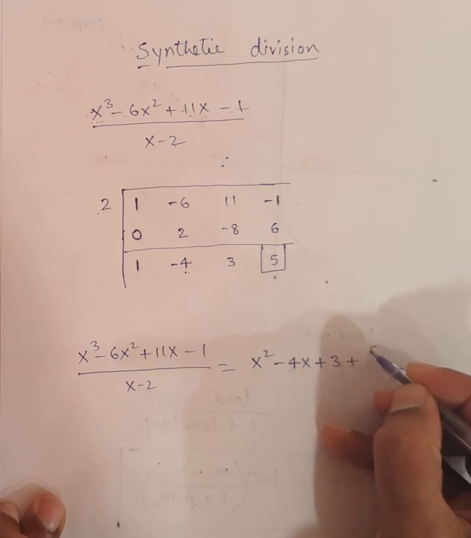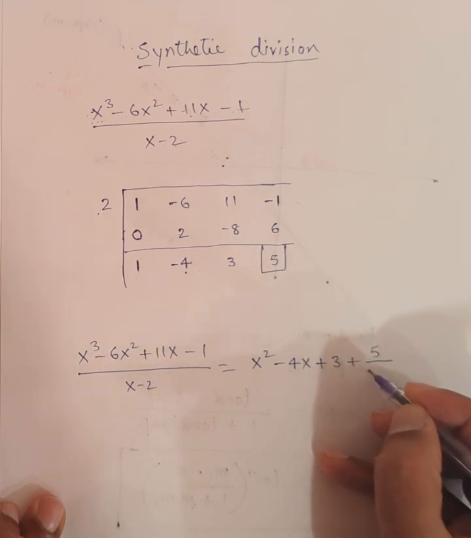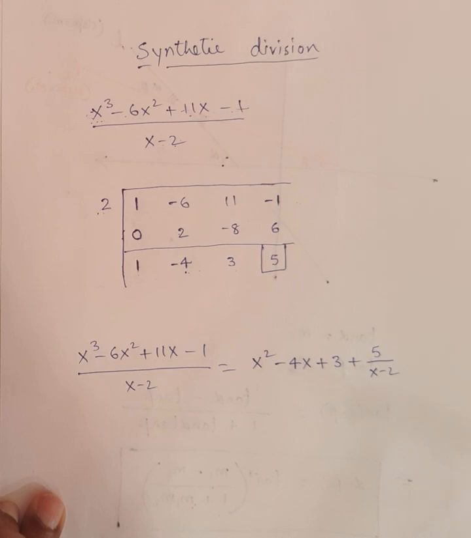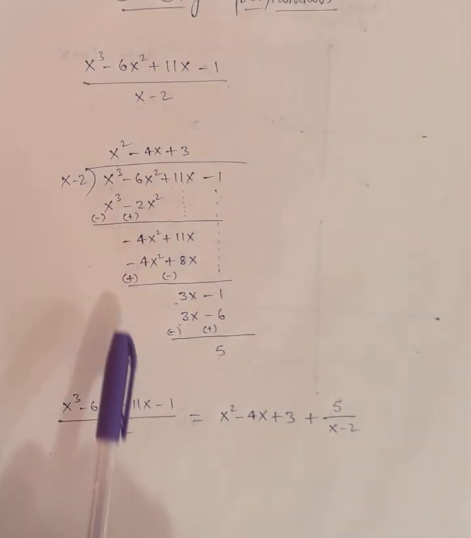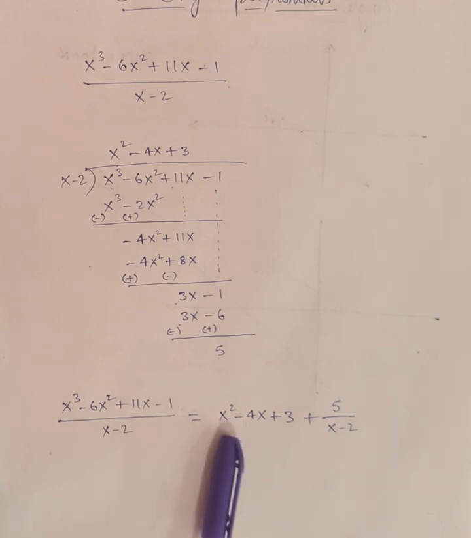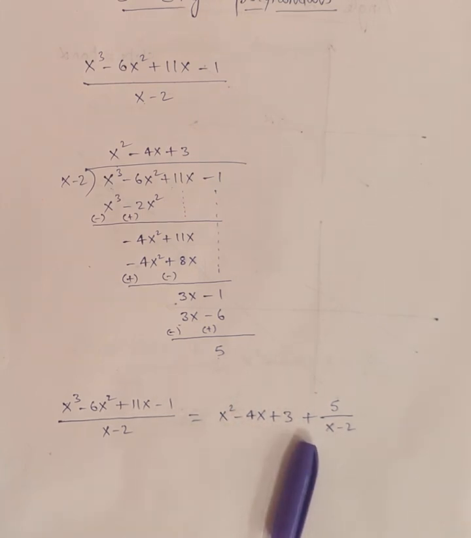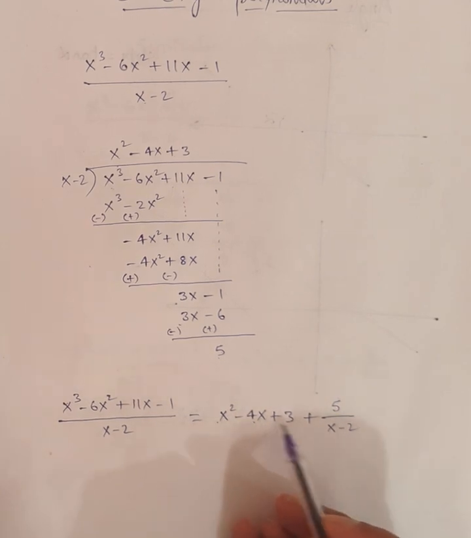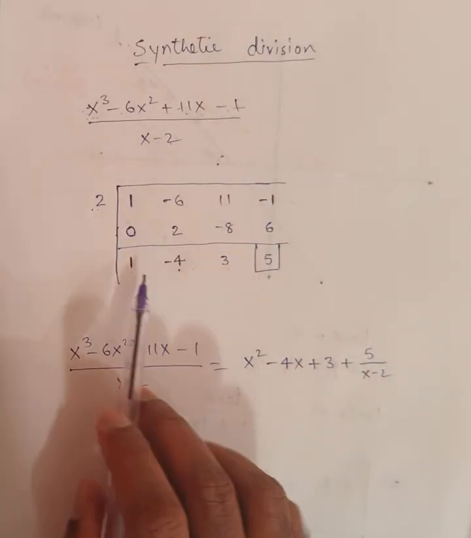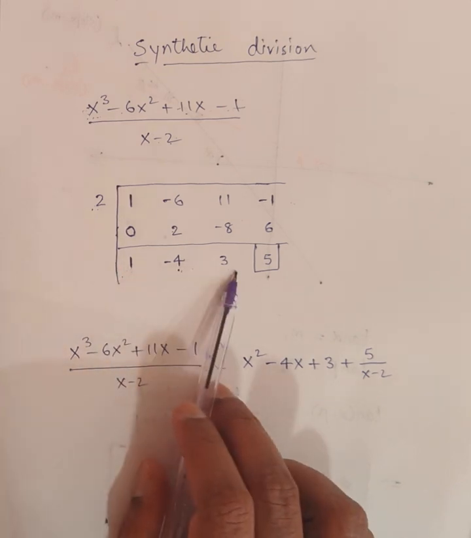So I can write 5 divided by x minus 2. Now, this is exactly what we had when we did the long division of polynomials. You got x squared minus 4x plus 3 plus 5 over x minus 2. Notice the coefficients 1, negative 4, and 3. That's what we had: 1, negative 4, and 3.